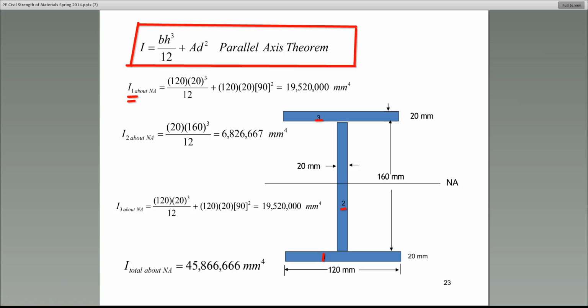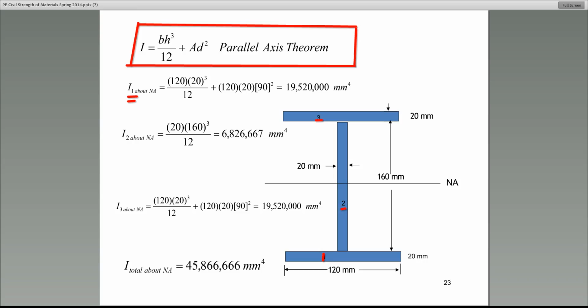For a rectangle, the moment of inertia equation is BH cubed over 12. That gives you the moment of inertia about its own centroidal axis. So in this case, what we have is the moment of inertia of area 1 about its own centroidal axis.